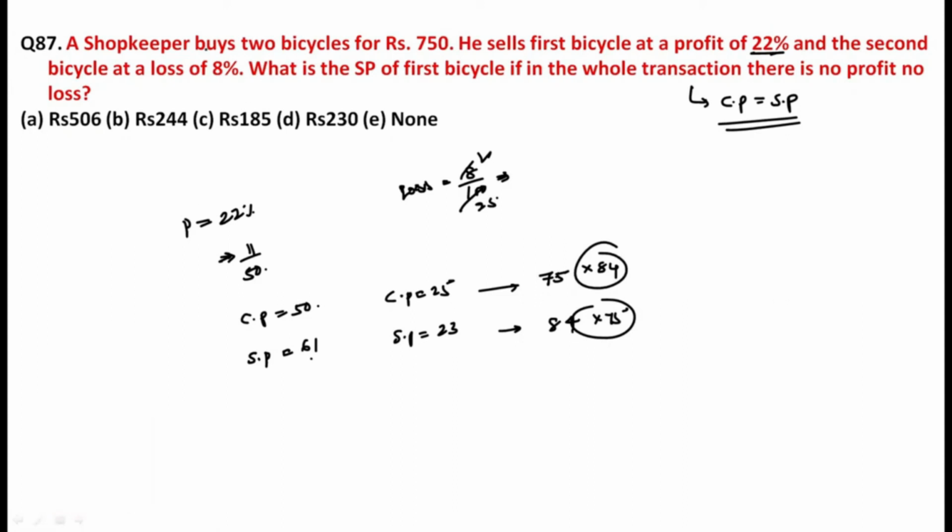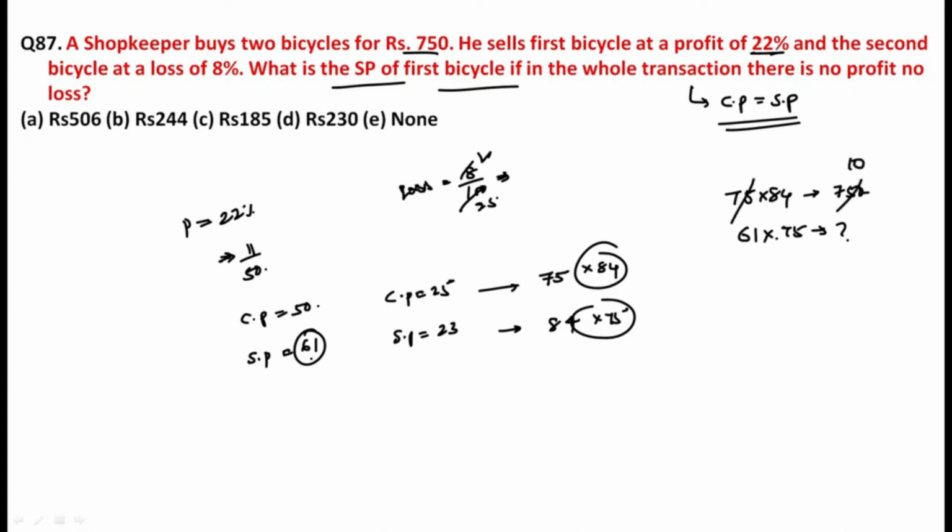Now the comparison: the shopkeeper buys two bicycles, so 75 into 84 parts is exactly equal to 750. Now the question: what is the selling price of the first bicycle? The selling price of the first bicycle is equal to 61 into 10, how much? Just multiply them now. So 750, you can get the calculation.